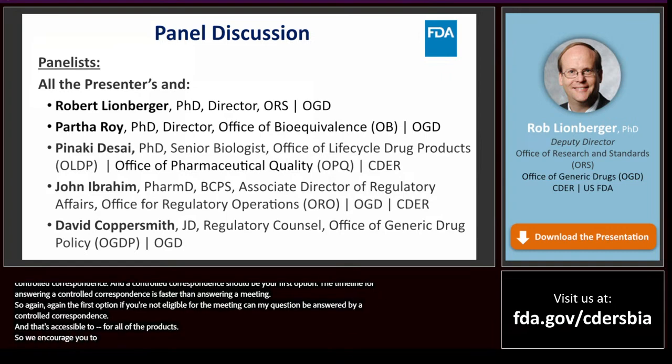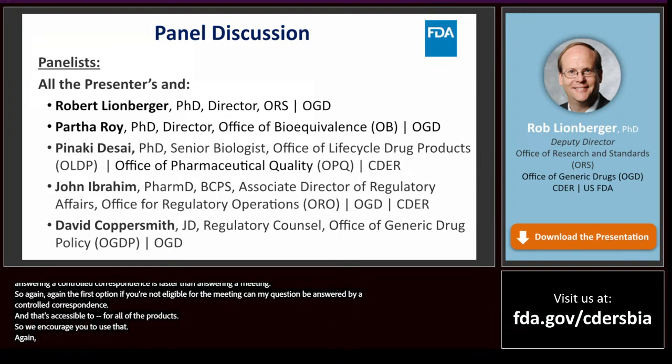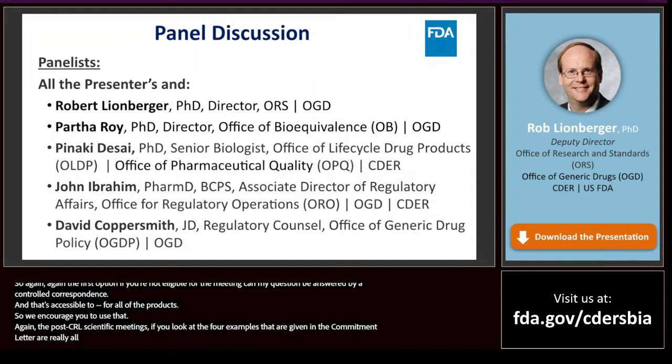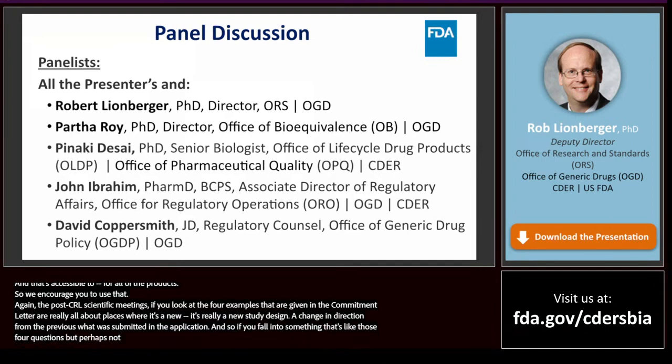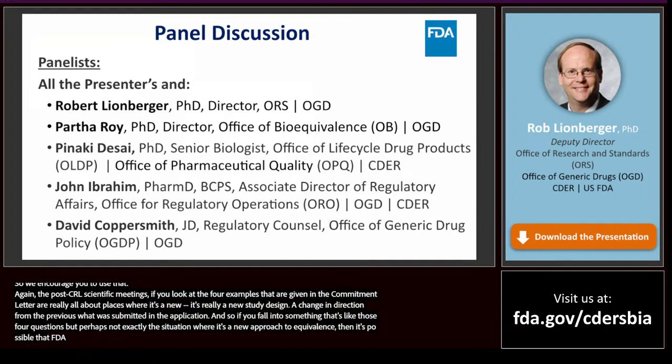Again, the post-CRL scientific meetings, if you look at the 4 examples that are given in the commitment letter, are really all about places where it's a new study design, a change in direction from what was submitted in the application. And so if you fall into something that's like those 4 questions, but perhaps not exactly the situation where it's a new approach to equivalence, then it's possible that FDA would be more likely to grant a meeting in those cases.